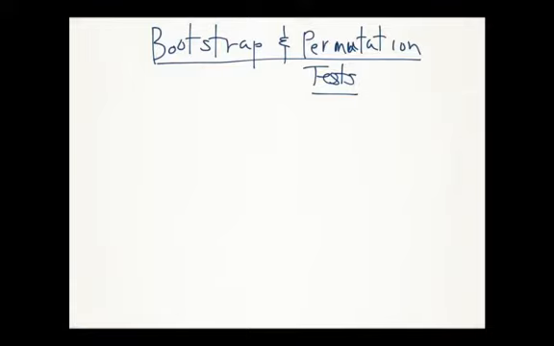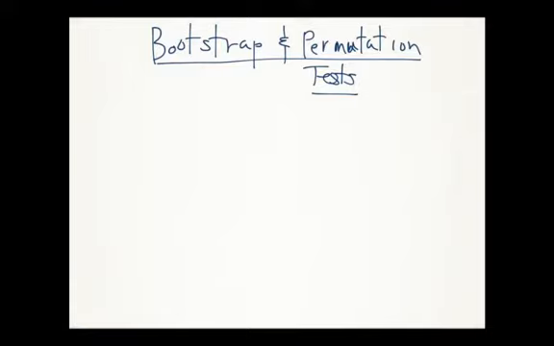If you think back to our discussion of confidence intervals, so far we've just developed confidence intervals for the mean, but in order to place a confidence interval around the mean, we used the t-distribution.